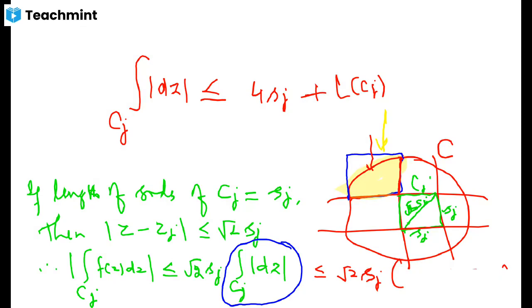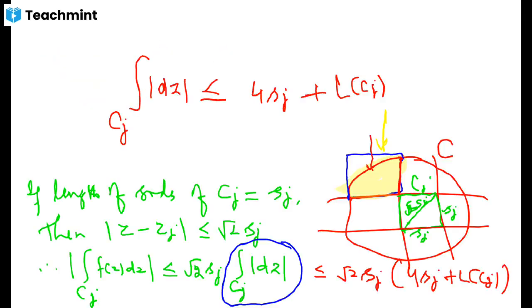Now what you have, s_j और s_j जब multiply होंगे तो it will be s_j square, and it will be the area of that square. This implies that the integral over C_j of mod f(z) dz, you don't have mod inside, you are taking mod outside here, is less than or equal to root 2 times 4 and s_j into s_j, which is the s_j square, the area of the square.